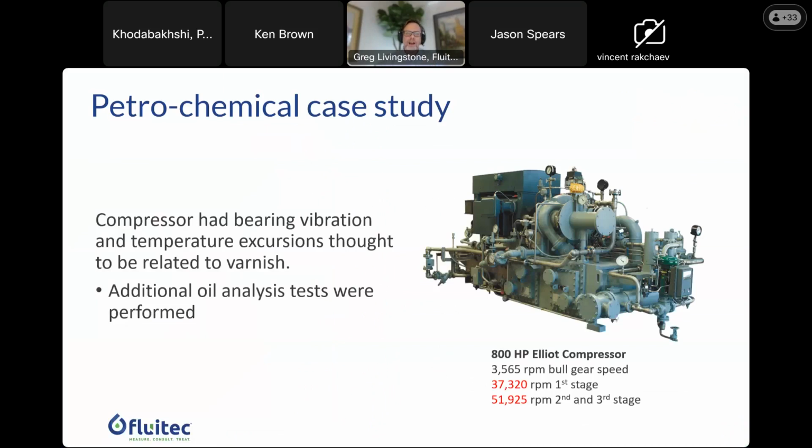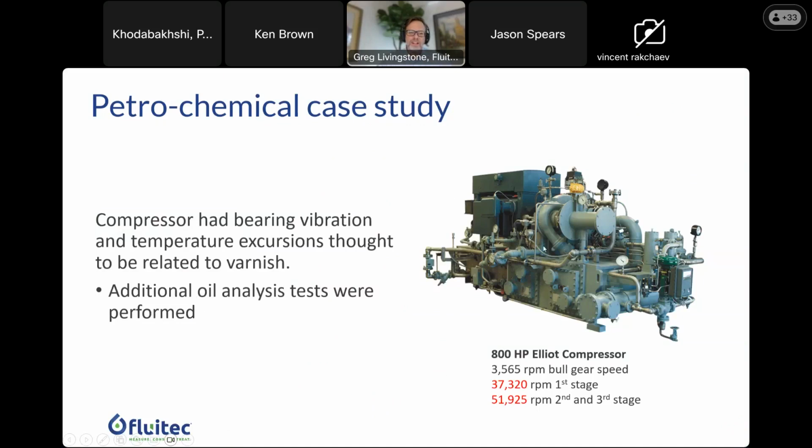Let me start this off with a case study. This is a small compressor with 3 different stages, and just take a look at the speed of this compressor. In the first stage, 37,000 RPM, and 52,000 RPM in the second and third stages. This system is moving.